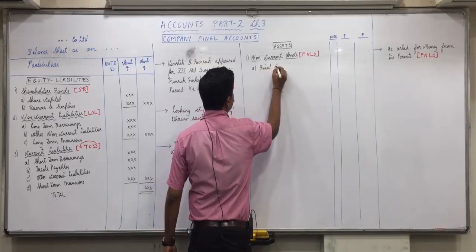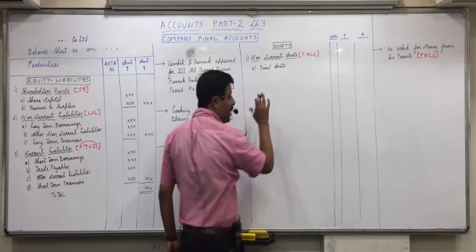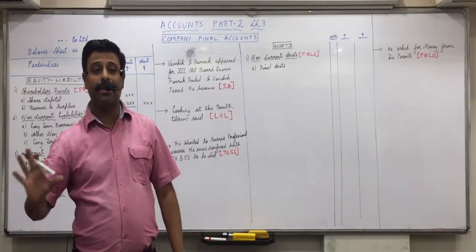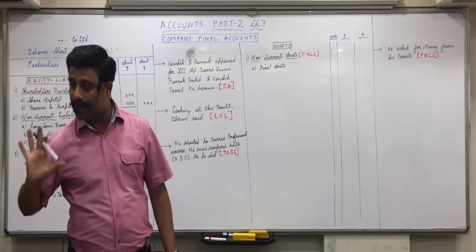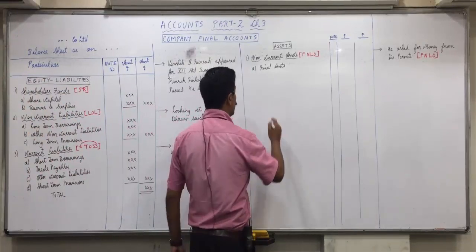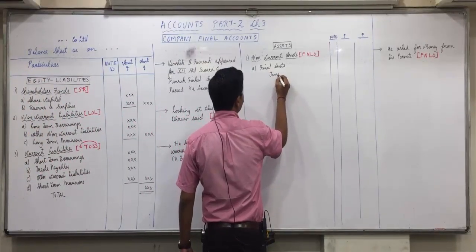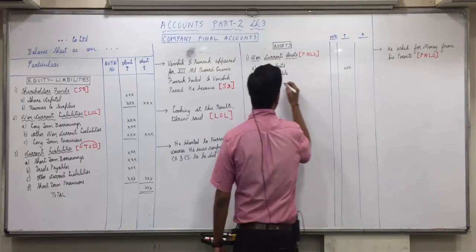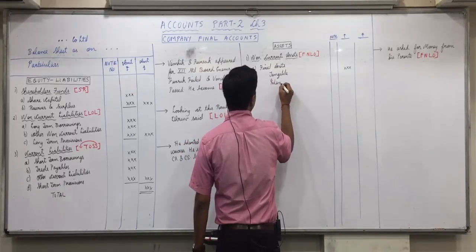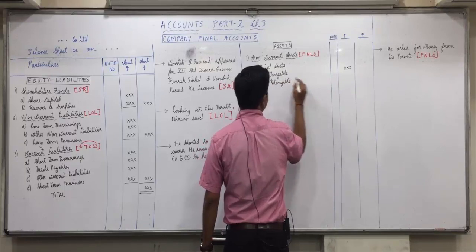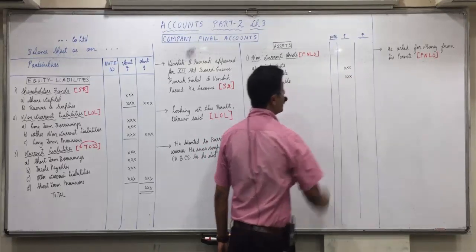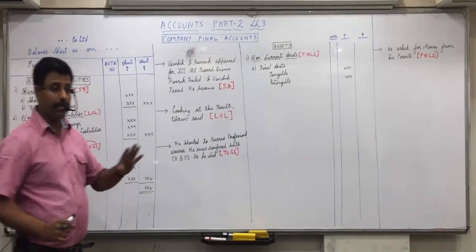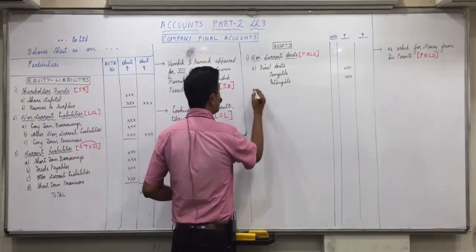Now we attend to A, fixed assets. Within fixed assets, I have not told you any shortcut because they are very easily ascertainable: tangible and intangible. So for that no shortcut is to be remembered. Within fixed assets, we will show tangible and intangible separately. Is everyone clear with this? Any doubt in it?